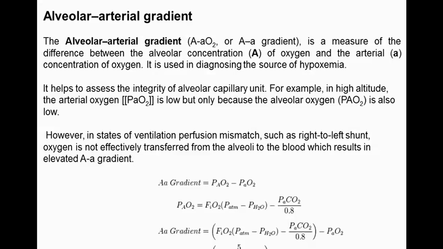So the partial pressure of oxygen will be what? The percentile of the gas in the total pressure. So it's 0.21, the concentration of oxygen. So the pressure of oxygen will be 0.21 multiplied by 760, the total atmospheric pressure. Is it clear or not?